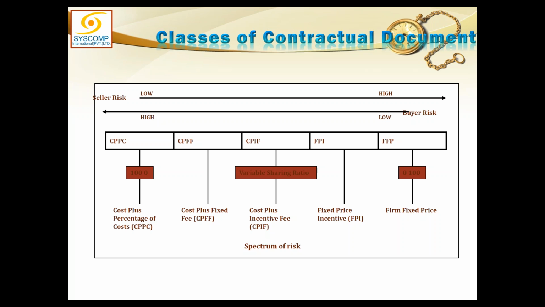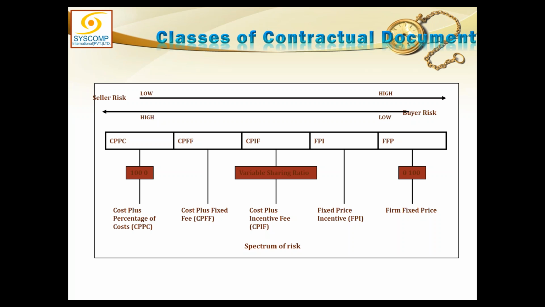Now why it is different from the cost plus incentive fee is because in cost plus incentive fee, we have given the incentive, and we are keeping the interest of the contractor aligned with our interest.